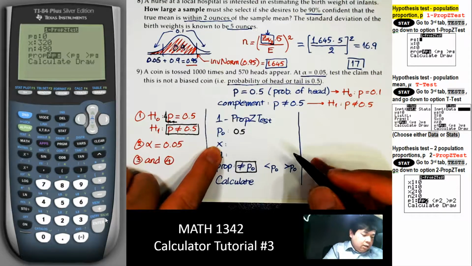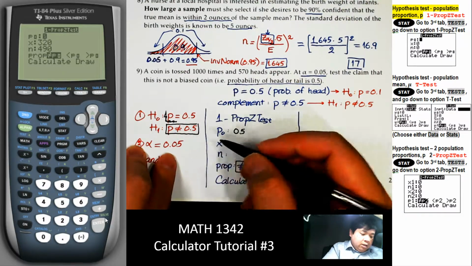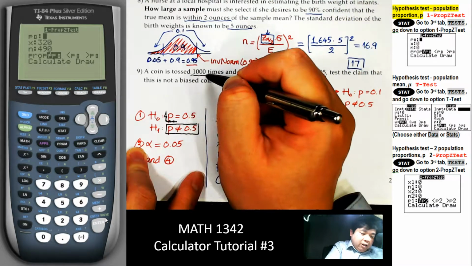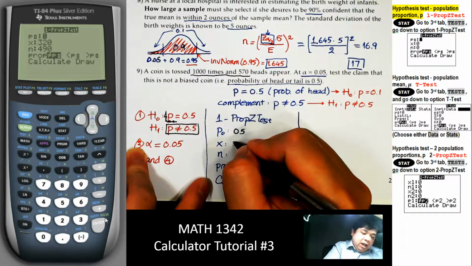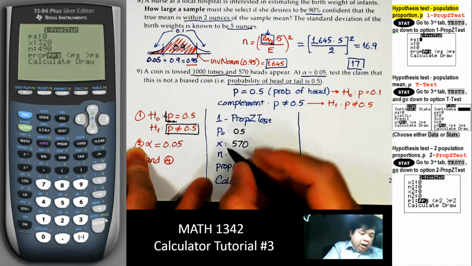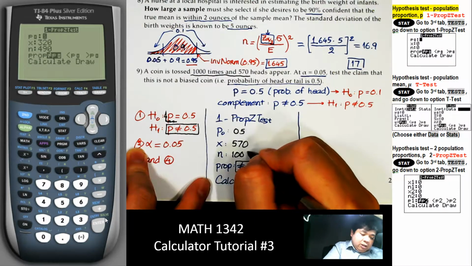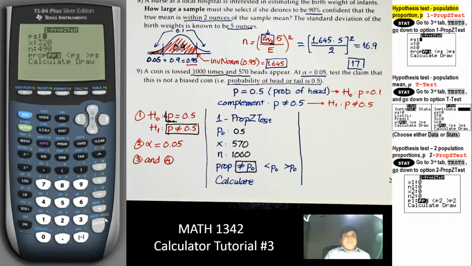Right, x is, now we look at the problem, 1,000 times and 570 heads, so 570 out of 1,000. Now we calculate. So 0.5, x is 570, n is 1000, not equal to, and then calculate.